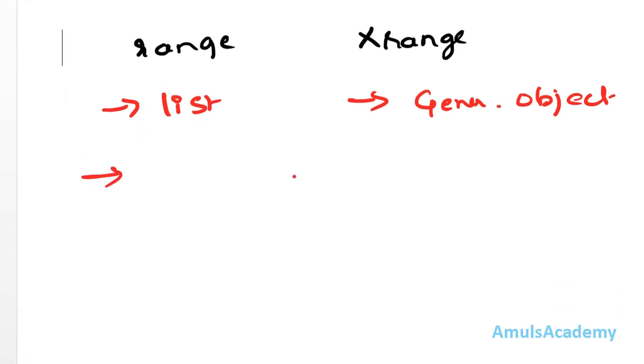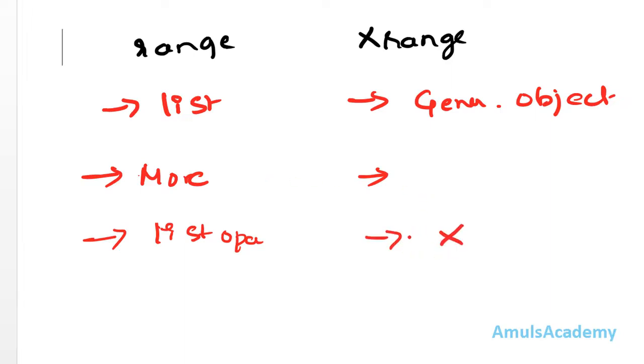Second, the range function needs more memory space, but Xrange needs less. Third, we can apply list operations on range, but not on Xrange. Next, the range function is faster than Xrange. So these are the differences between range and Xrange in Python 2.